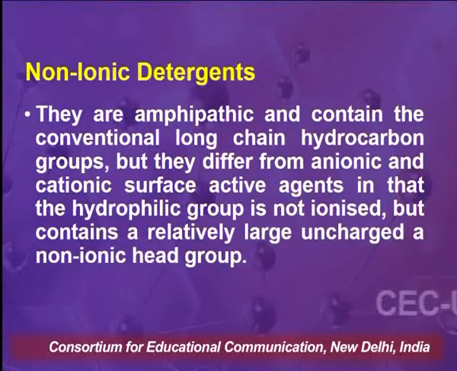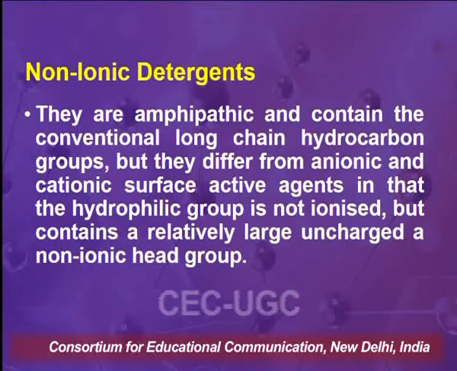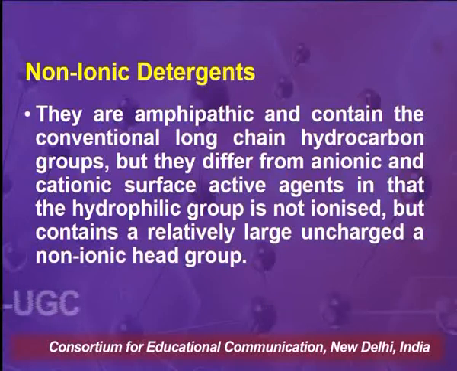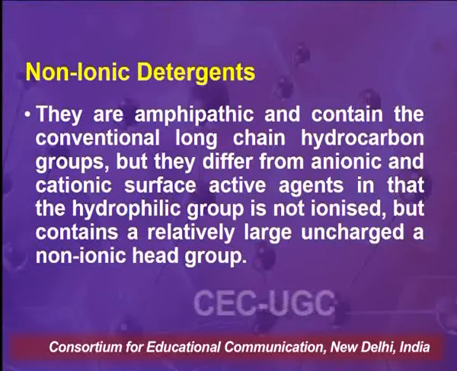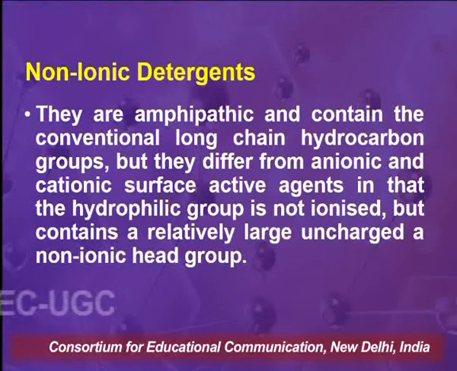Coming to non-ionic detergents, they are amphipathic and contain the conventional long chain hydrocarbon groups, but they differ from anionic and cationic surface active agents in that the hydrophilic group is not ionized but contains a relatively large uncharged non-ionic head group.